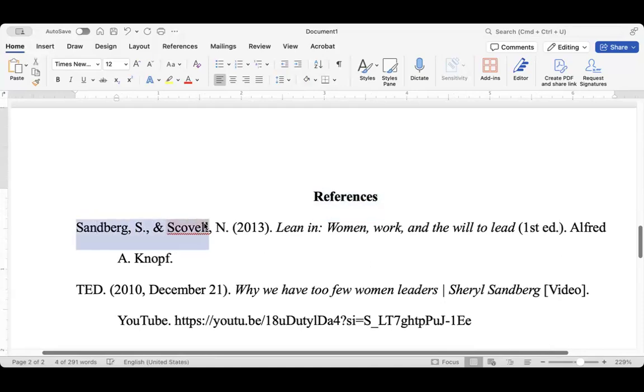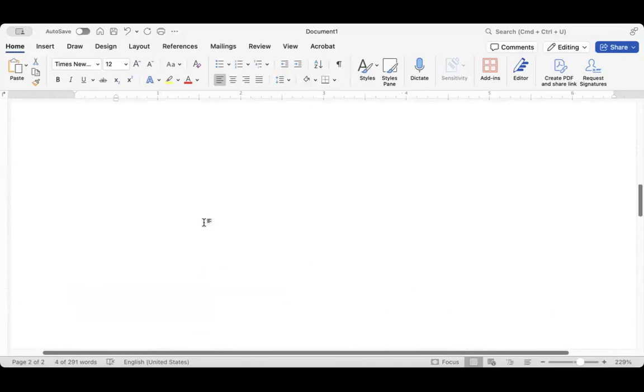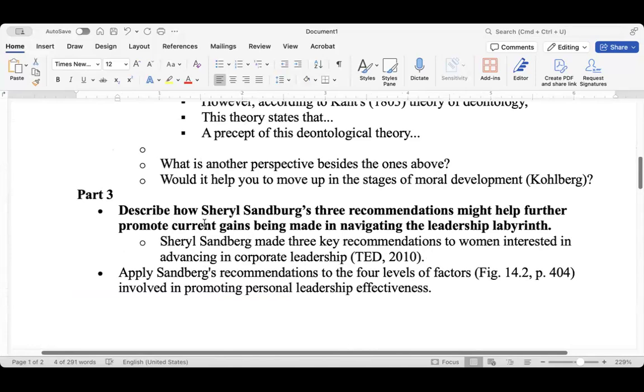Also, interestingly, because this is a co-author situation, Scovell assisted Sheryl Sandberg in writing this up in book form, as happens with many CEOs.